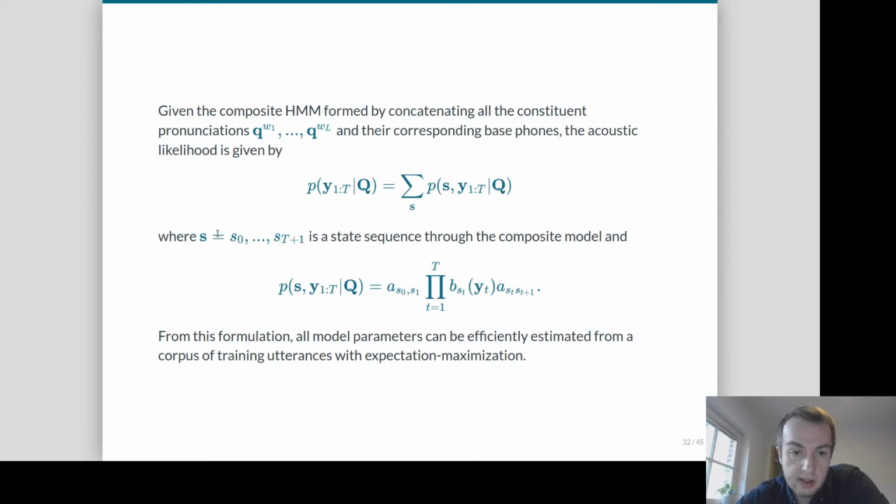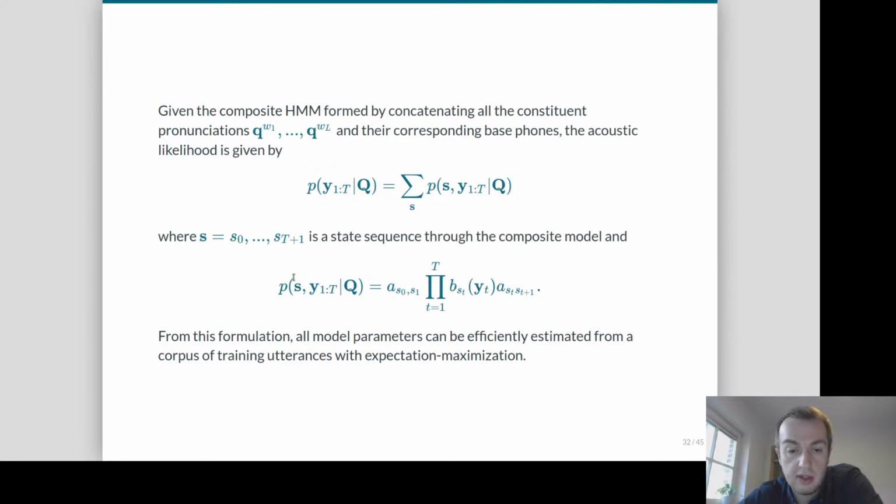And so S would then just denote a state sequence through the composite model. If we have this particular state sequence, we can just evaluate the conditional probability of the acoustic vectors given these particular state values, right? And this would be given by this.